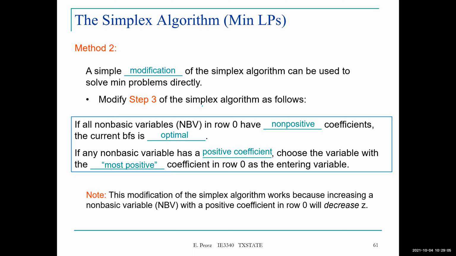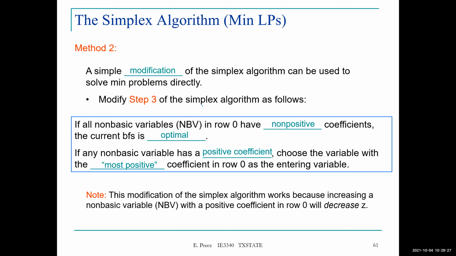What this method is saying is, let's do the opposite with minimization. Let's search for the positive coefficients in row 0. If we have a positive coefficient, then we enter the largest positive coefficient. If we have all negative coefficients, then we have found the optimal solution. That's it. That's the only difference.